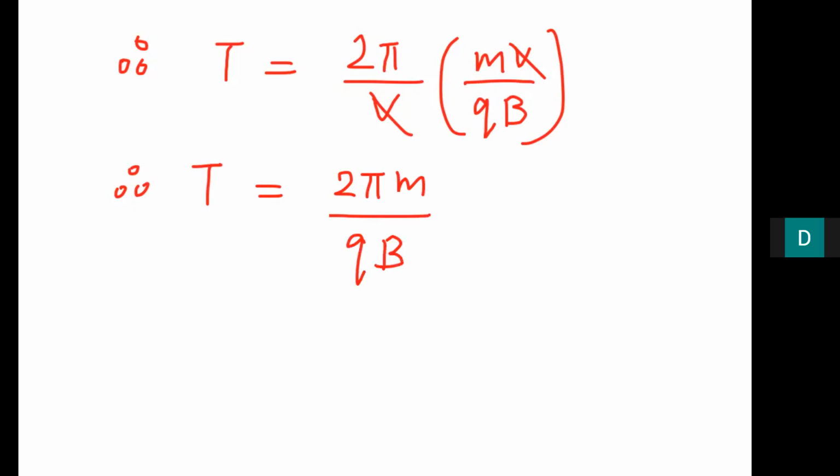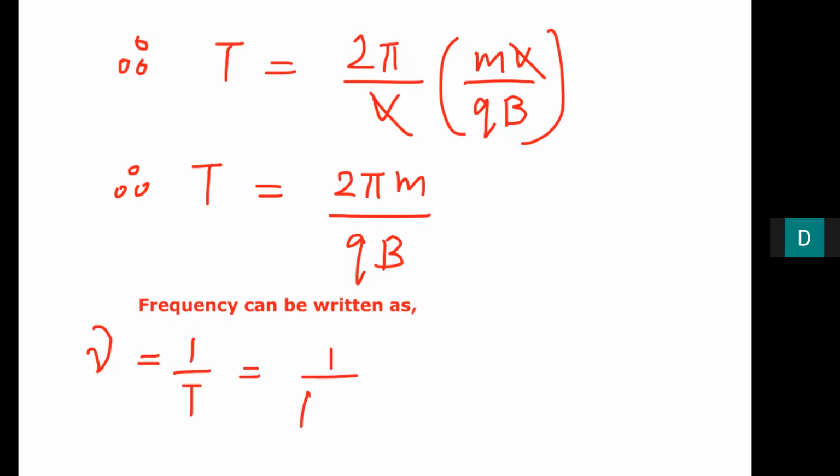So this is the time taken. Now if I want frequency, how do we write frequency? It's going to be mu is equal to 1 upon t, which is equal to 1 upon 2 pi m upon qb, which is equal to qb upon 2 pi.